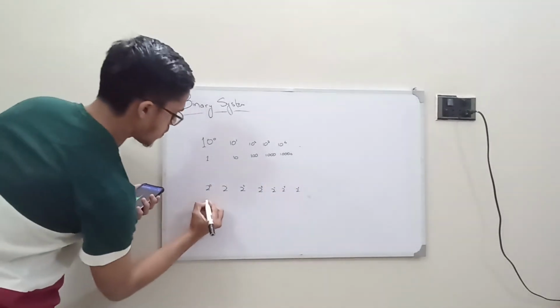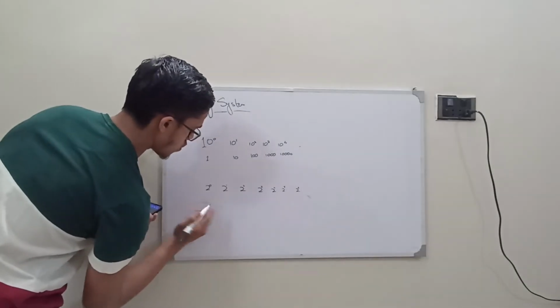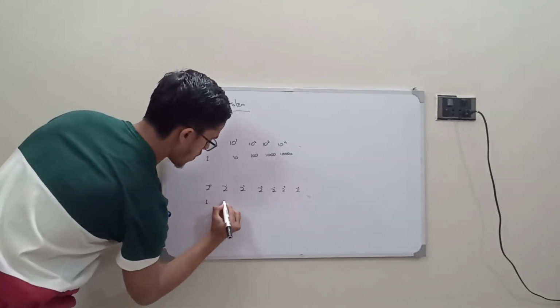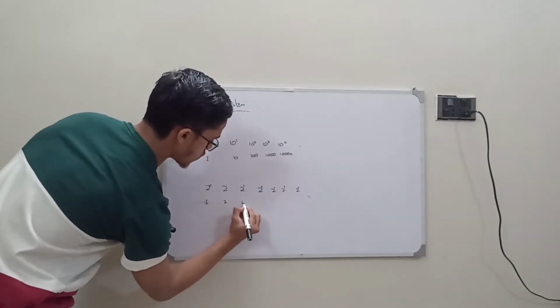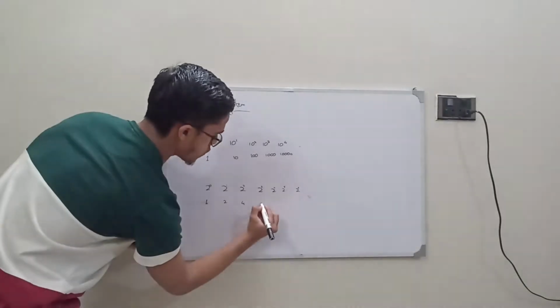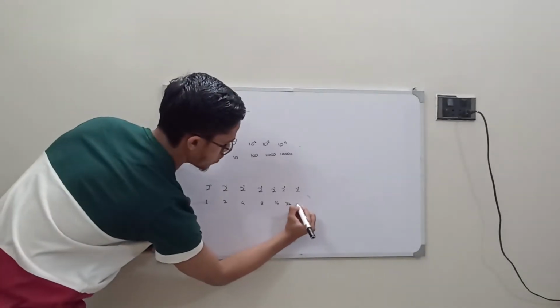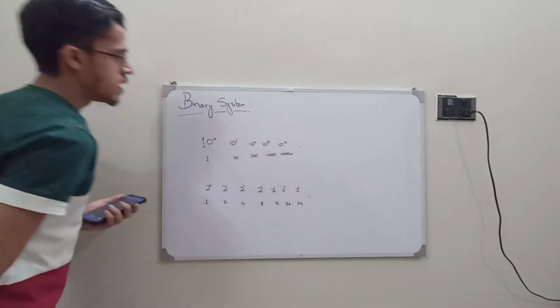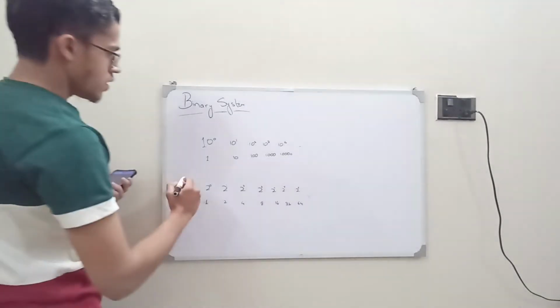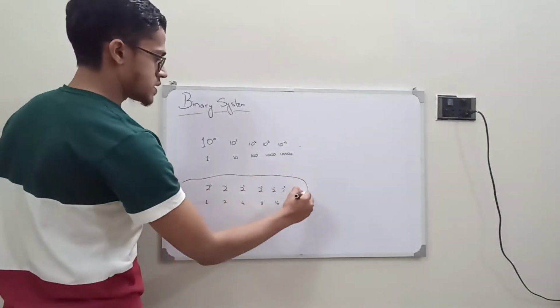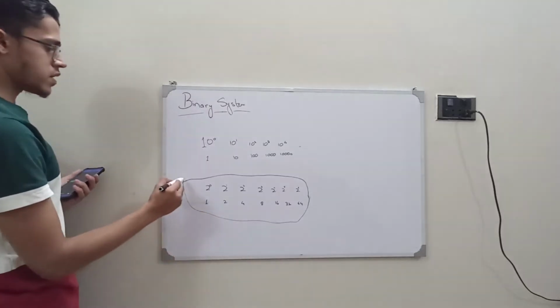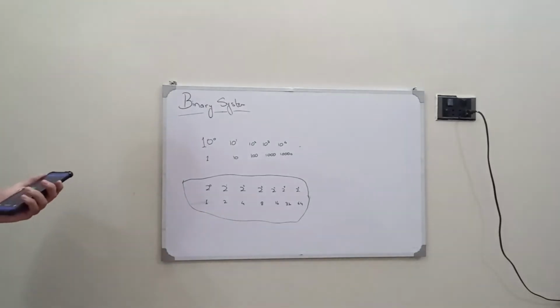So 2 power 0 stands for 1, 2 power 1 stands for 2, 2 power 2 stands for 4, 2 power 3 stands for 8, 2 power 4 is 16, 2 power 5 is 32, 2 power 6 is 64. That's the basic concept we are going to build on.